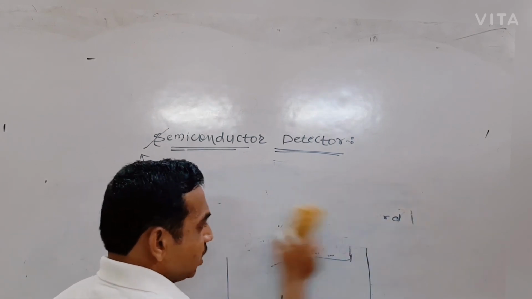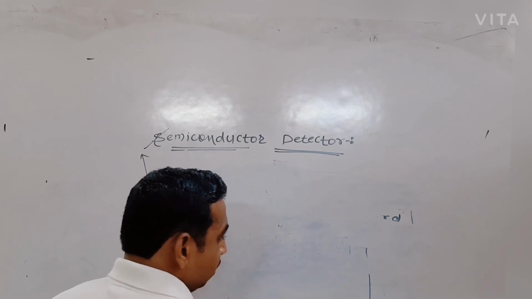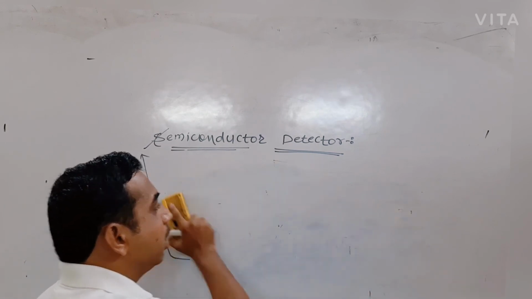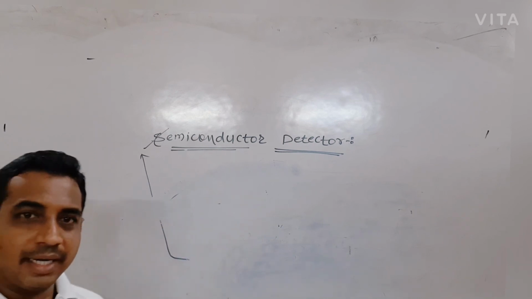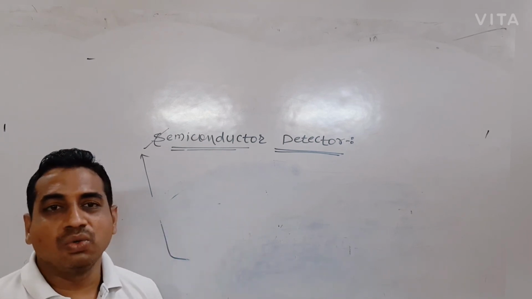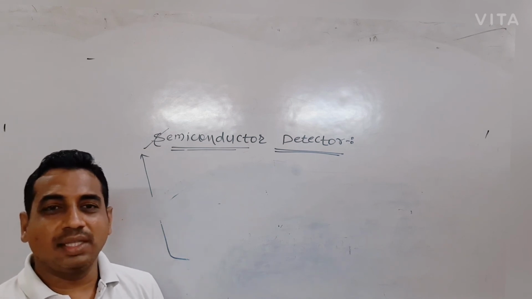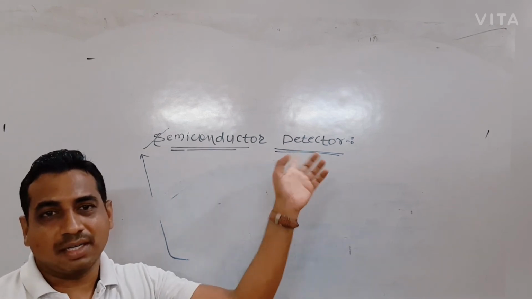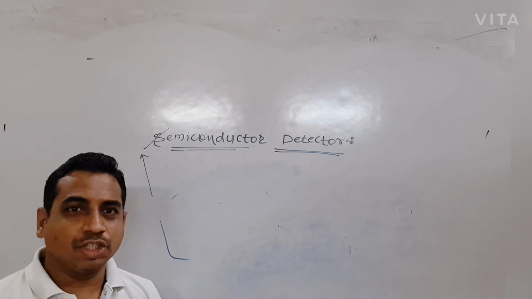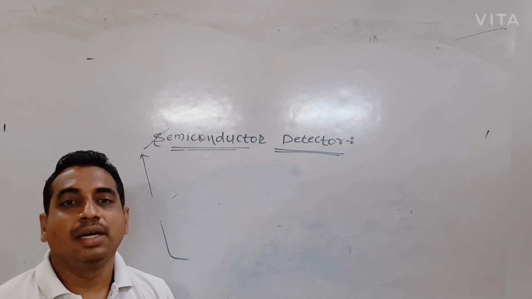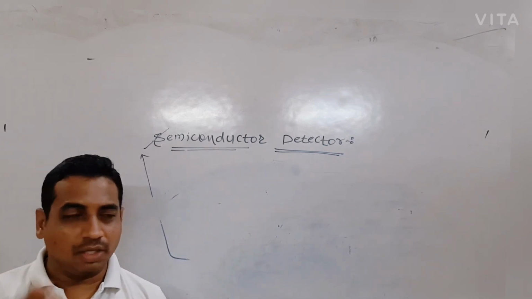It is a very long topic, so when we connect the introductory part with the semiconductor detector, I am going to split this video into two parts. The first is the introduction to semiconductor detectors, and the second is the explanation of semiconductor detectors.